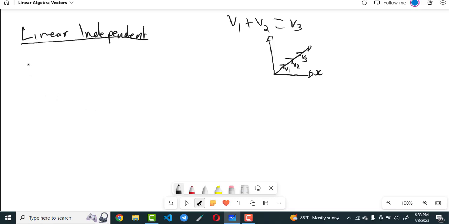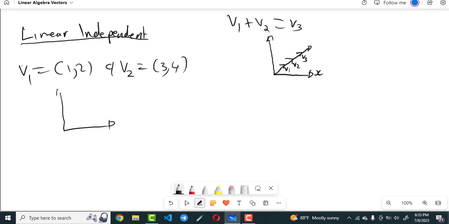For example, for linear independent, we have vector 1 equal to 1 and 2. Then vector 2 is equal to 3 and 4. So here there is nothing which is linearly dependent on each other. If we represent this on an xy plane, we can see that this is vector 2, which has 3 and 4, and this is vector 1, which has 1 and 2.